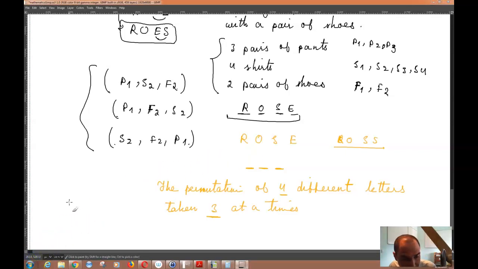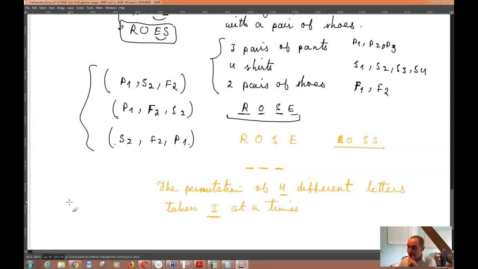Okay, so now as a definition, what we can say is that the permutation is an arrangement in a definite order of a number of objects taken some or all at a time.